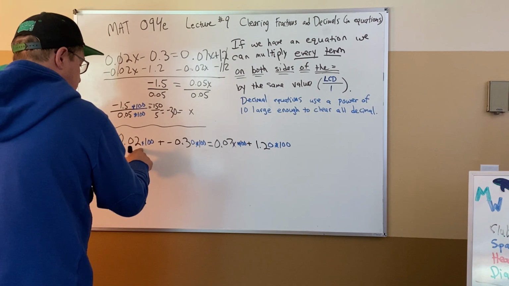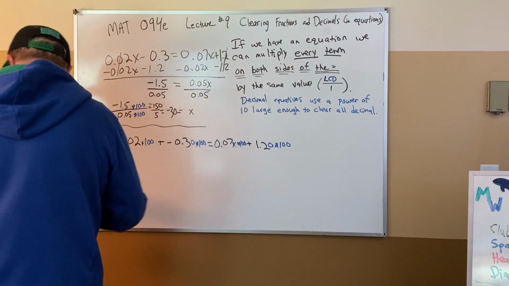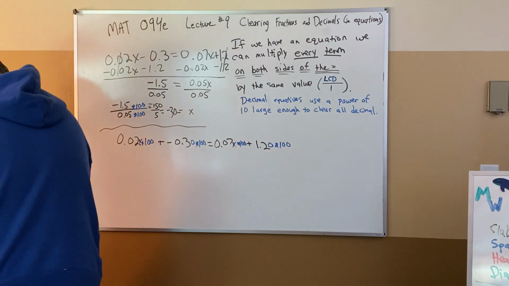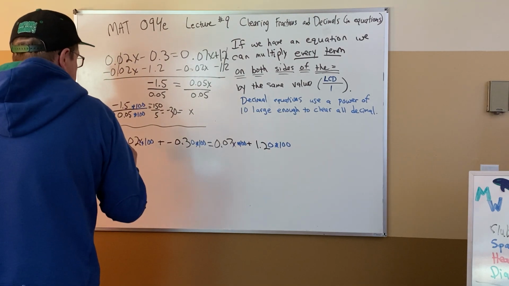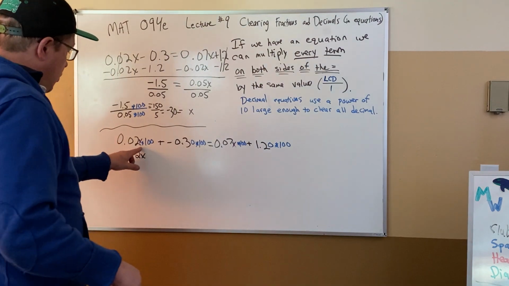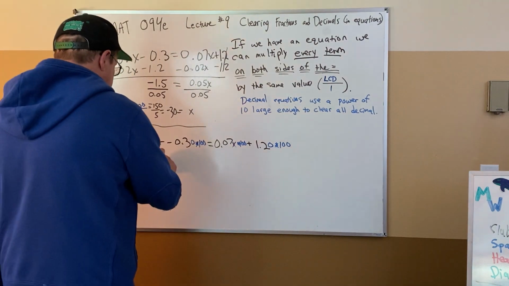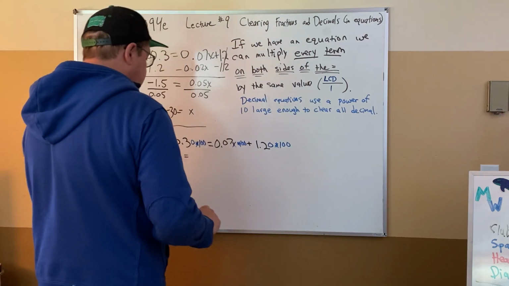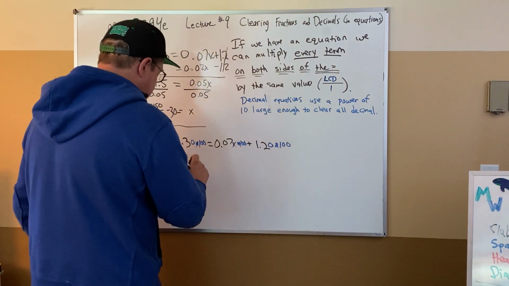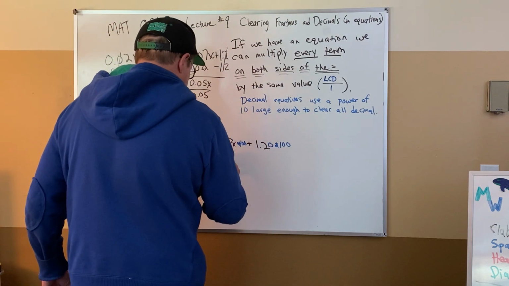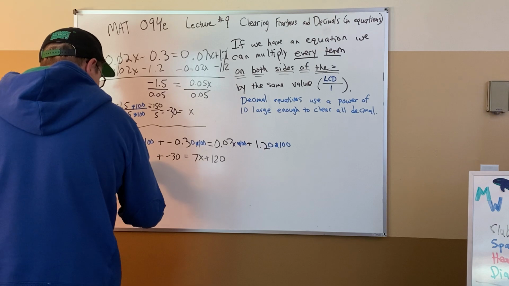That also has an x on it. And I've got 2x. Move the decimal twice, I got a 2 with my x behind it, plus move the decimal twice, I got negative 30, equals move the decimal twice, I get a 7 with an x on it, plus move the decimal twice, I get 120. Now I do my regular old stuff.